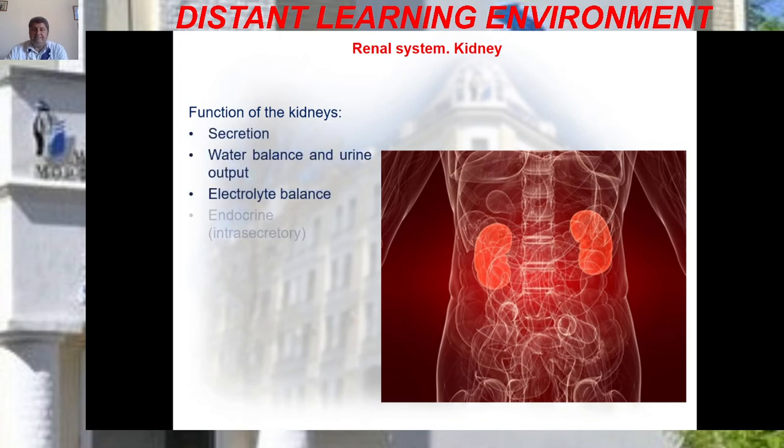Let's say some words about the function of the kidneys. The main function is excretion, and also water and salt balance with urine output. Salt has the same term, electrolytes. Next, endocrine function, because the kidney produces the hormone renin, and renin takes part in blood pressure regulation.